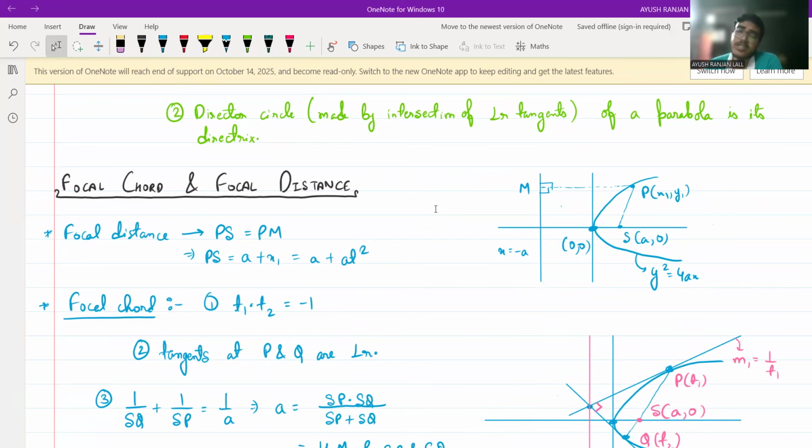First, the vertex is 0, 0. Next, what is the distance? The distance is parallel to the axis, and the axis is the x axis. So basically, we have to go with the length along the x axis, which is a plus x1. So automatically, we have used a plus x1.